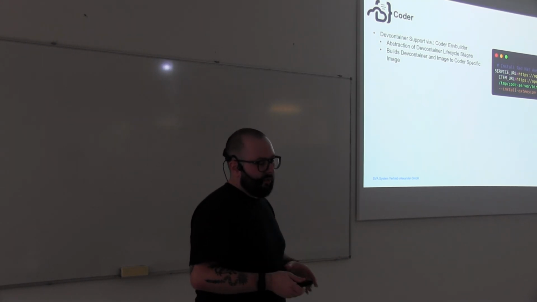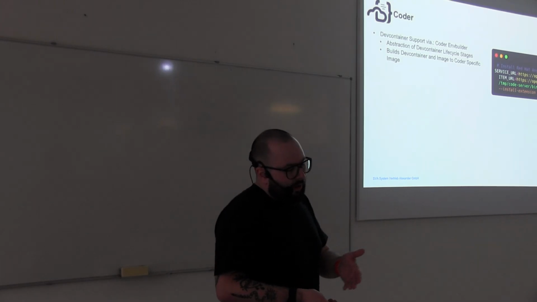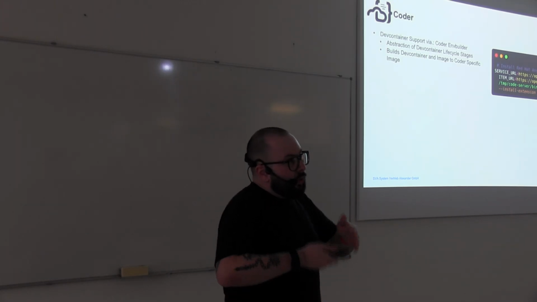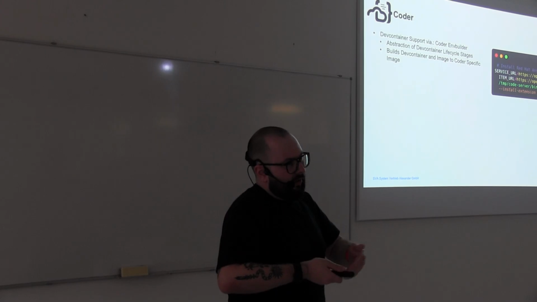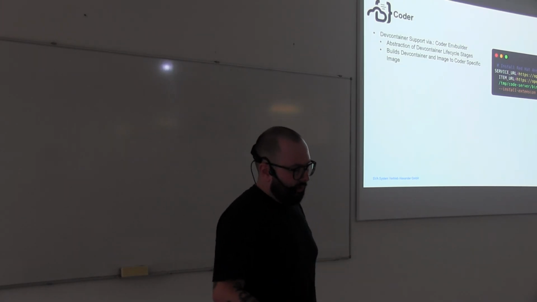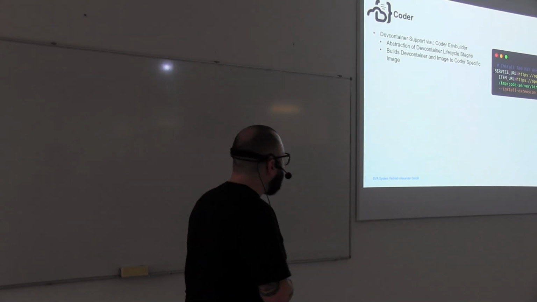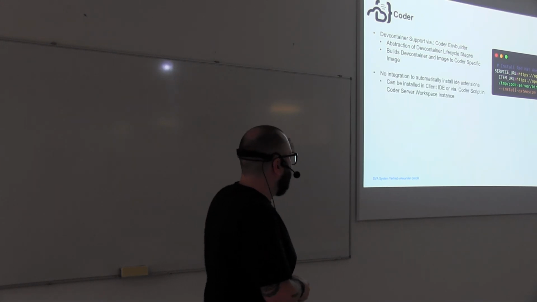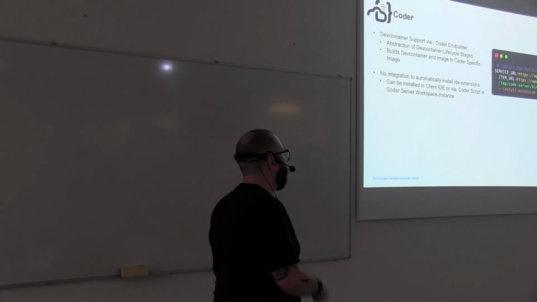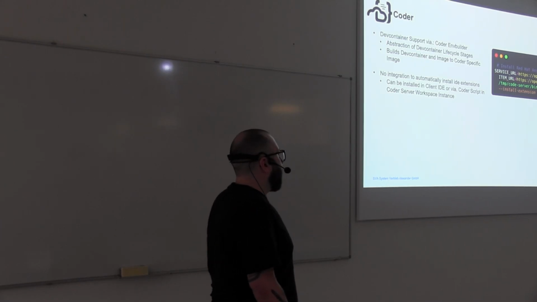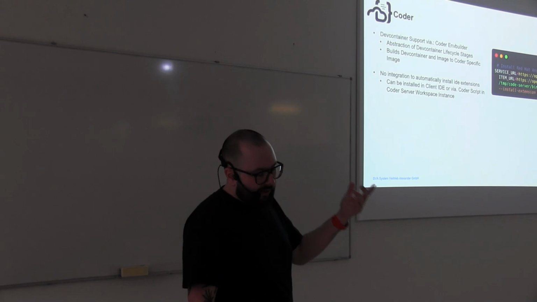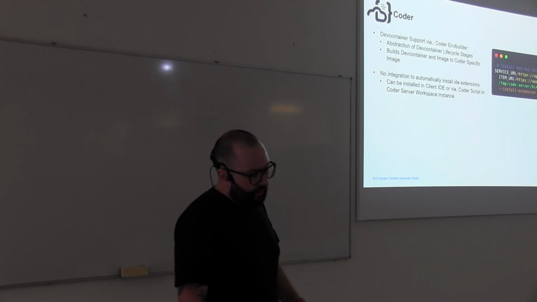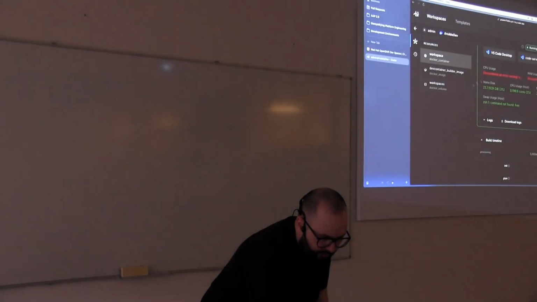But you can just give it a dev container and it will build a new image on top of this dev container definition, which is basically Envbuilder, so Coda can handle this. Another thing is there's no integration to automatically install IDE extensions, so you can install those in your client IDE or via Coda scripts.